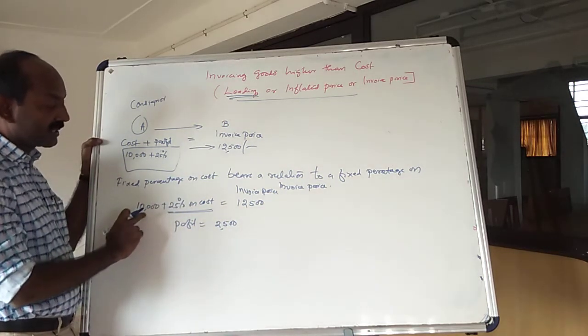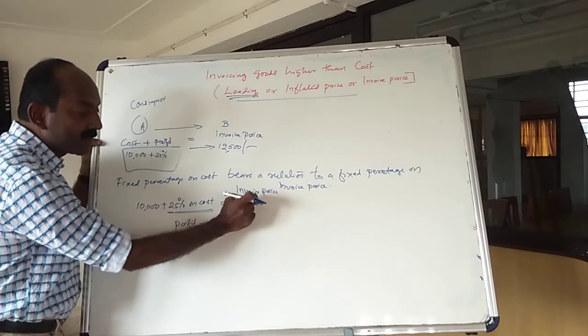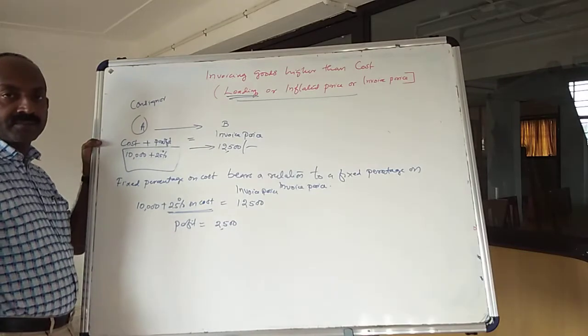25% on cost is 2,500. This 2,500 is how much percentage on invoice price?